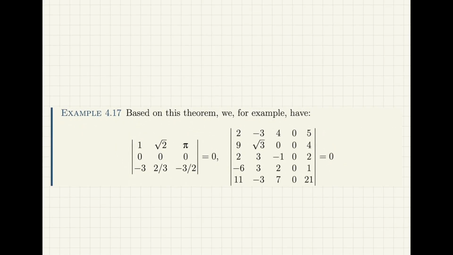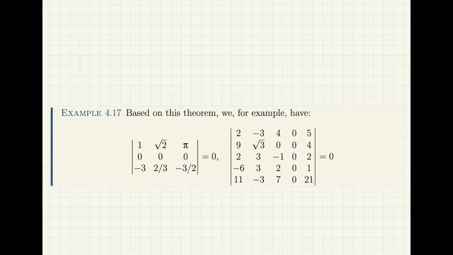Okay, for example, based on this theorem, we have these two. Here I have a 3 by 3 matrix. I want to calculate the determinant, but immediately I see that I have a 0 row, because all entries of this row are equal to 0. I don't need to calculate anything at all. I just immediately say that this is 0.